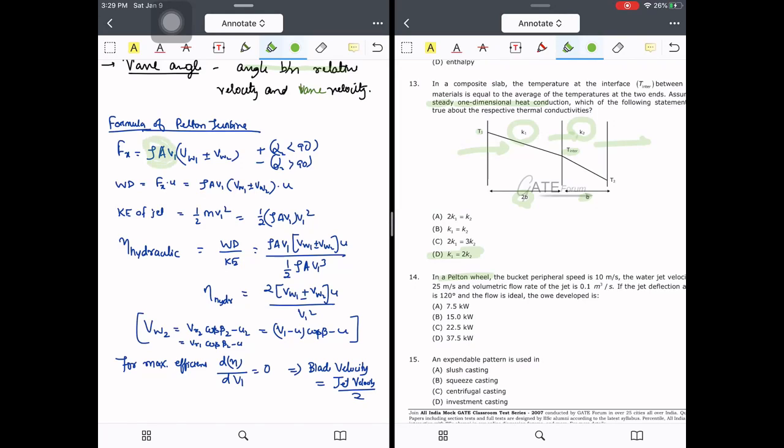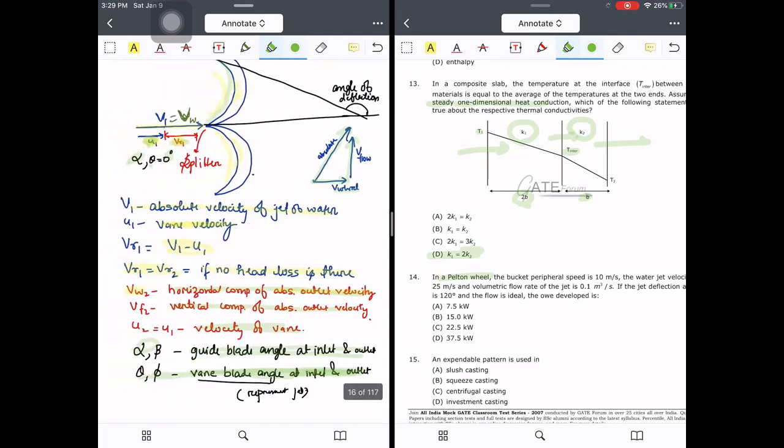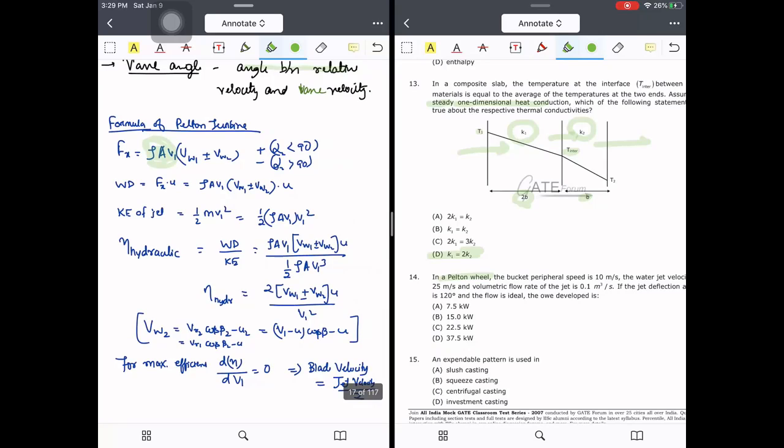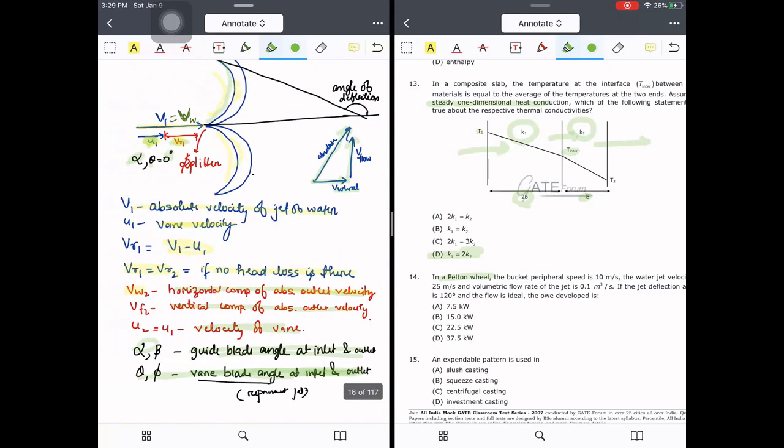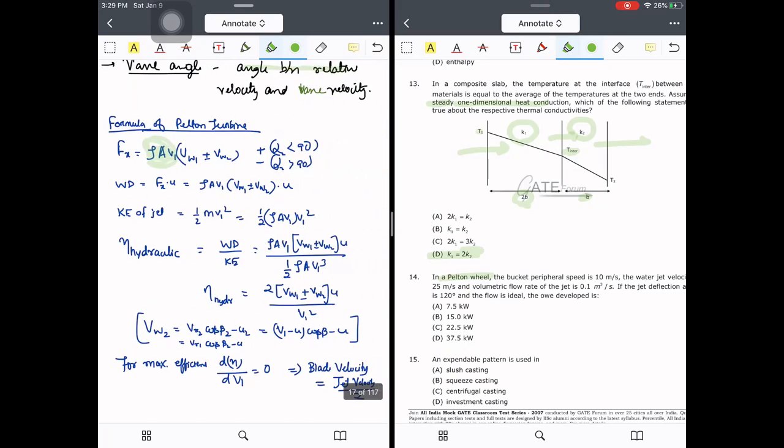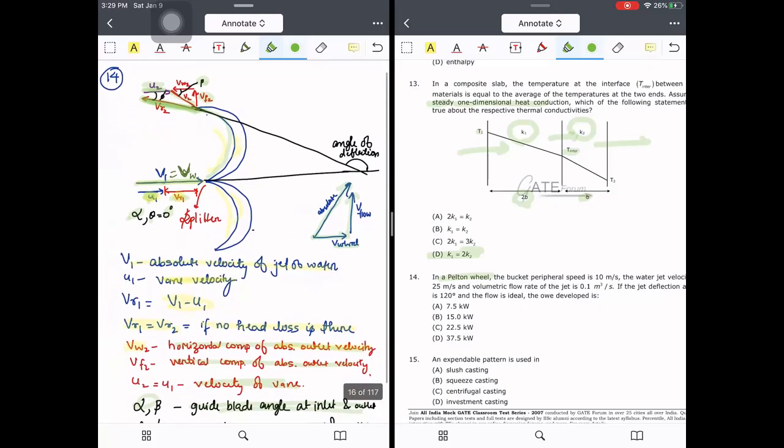Now the formula for the Pelton turbine: Fx, the force acting in the x direction, is equal to rho a v1, that is nothing but your mass, initially how much mass is striking, times vw1 plus or minus vw2. Why vw1? Because the jet is moving and the bucket is also moving, so there is some sort of relative motion going on.